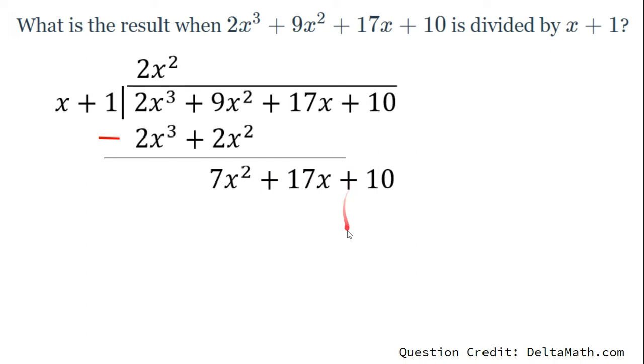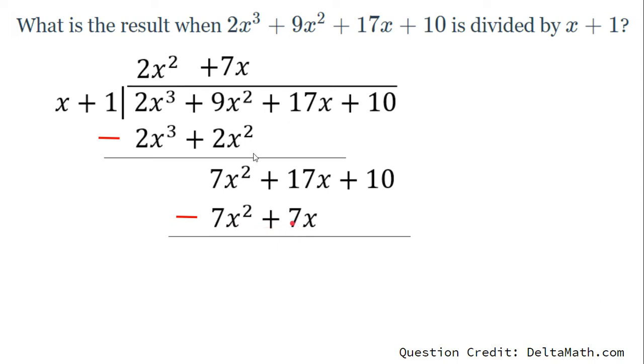Now I'm going to repeat this process over again, focusing really just on the x for now. And x times what will get us to 7x squared? Well, that would be a 7x. 7x times x gets us 7x squared. So what we're going to do is multiply the 7x times x, but then also the 7x times 1, and we're going to get the result.